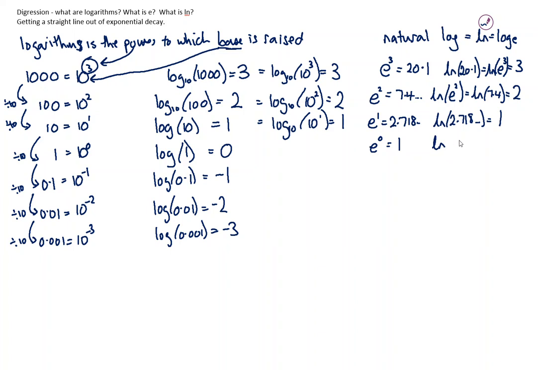So the ln of 1 is 0. We can do this whole same process again. Let's just get you the feel for this idea of what the log is. The log is the power to which the base has been raised. So we can have log to the base 10, and we can have log to the base e.